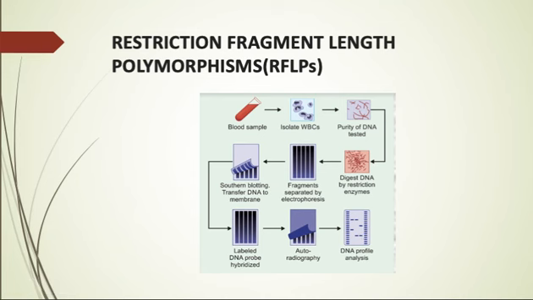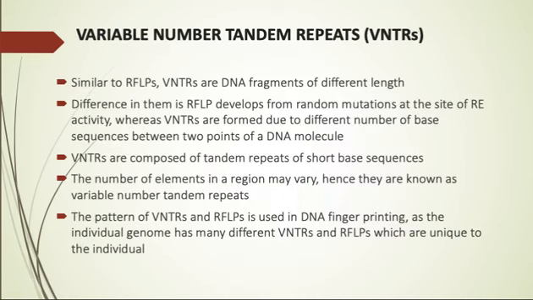The next DNA marker you have is the variable number tandem repeats or VNTRs. Similar to RFLPs, VNTRs are DNA fragments of different lengths.